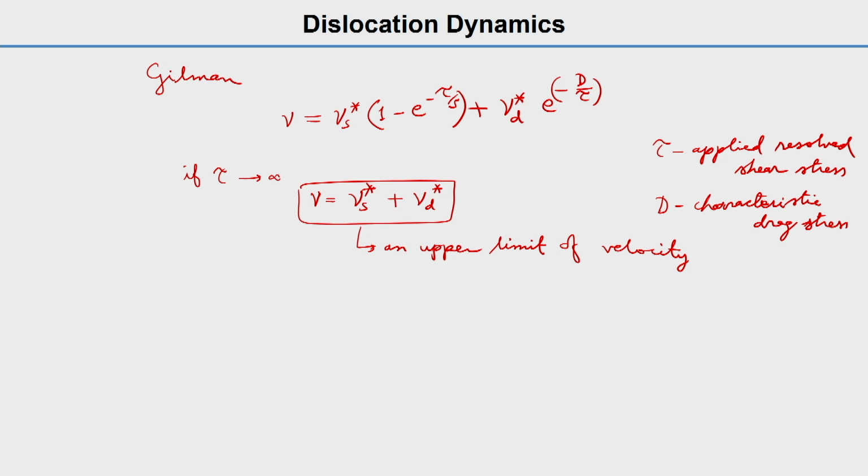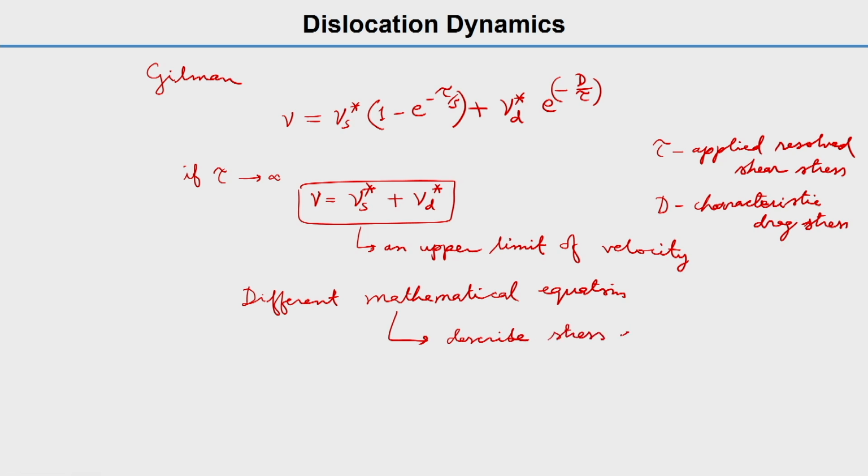So there are different mathematical equations used to describe the applied stress dependence of dislocation velocity, which can be a little confusing.